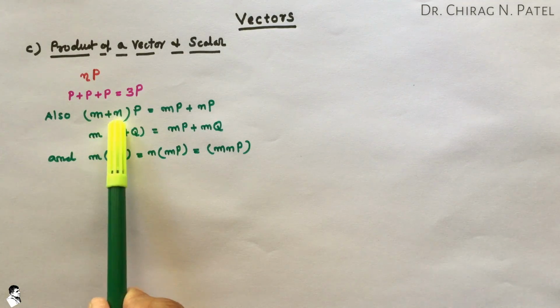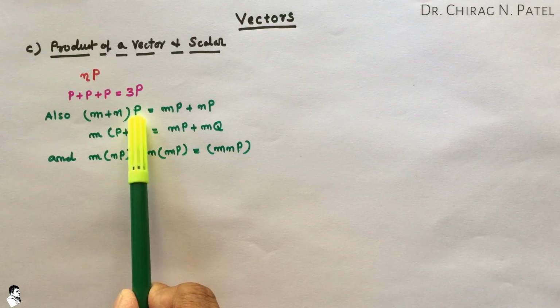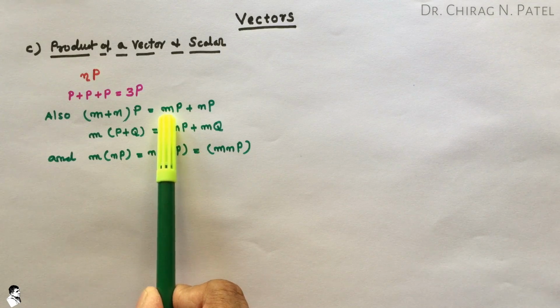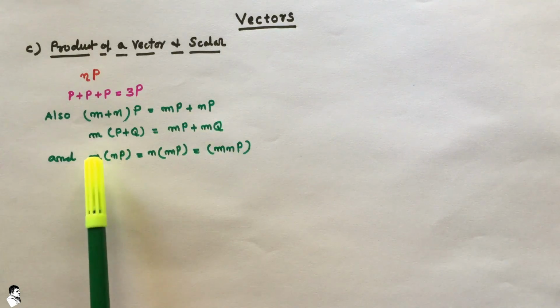So here m and n, a summation of different integer values, can be associated with vectors. So we can separate the values with vectors, (m plus n)P.